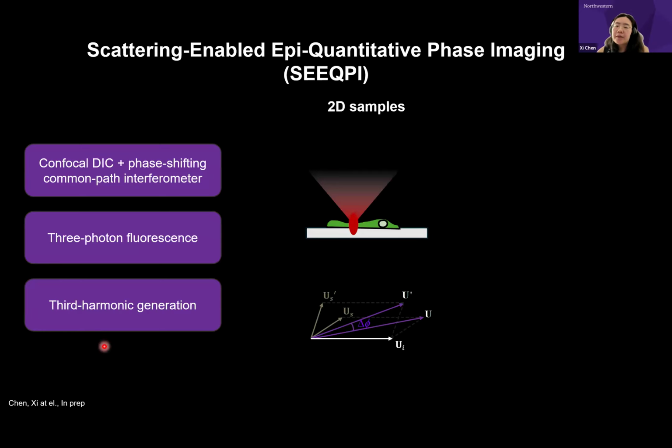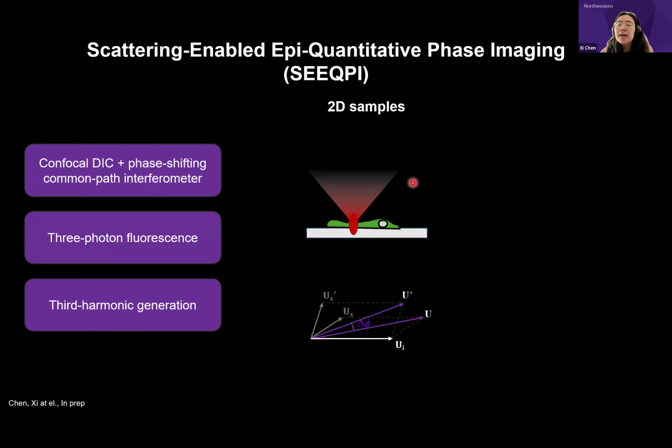For this epi QPI system, because we introduce a confocal pinhole, to retrieve the phase we actually have two different scenarios. The first scenario is for the 2D sample. When the light comes in, you do have incident light that is reflected by the substrate. For example, you have a cover glass over here, and that cover glass will reflect the light back towards the detector.